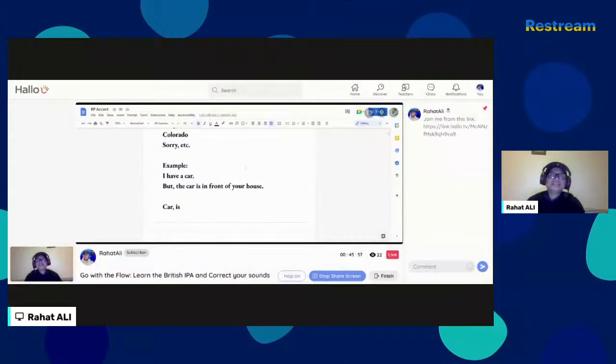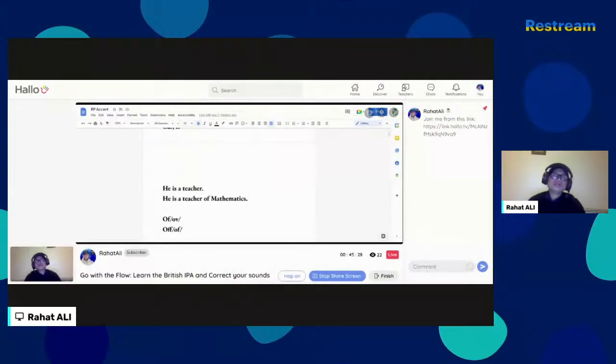So this is an amazing rule that should be maintained for British English learners. I always suggest, if you want to develop your sound, first try to know how you can avoid R sounds and where you must pronounce R sounds. Second example, he is a teacher and he's a teacher of mathematics.